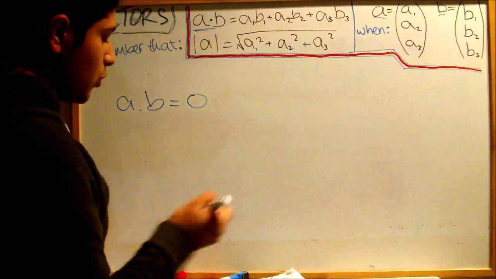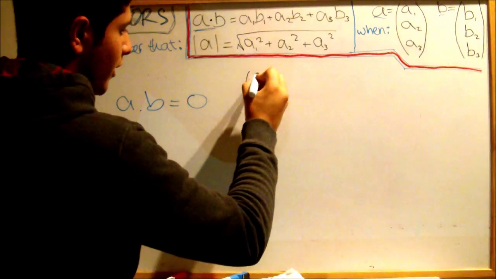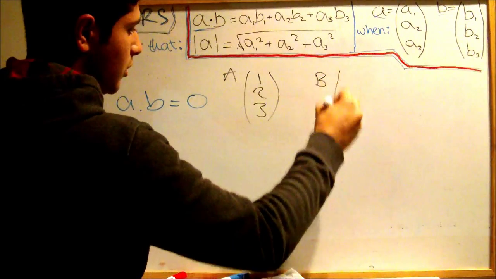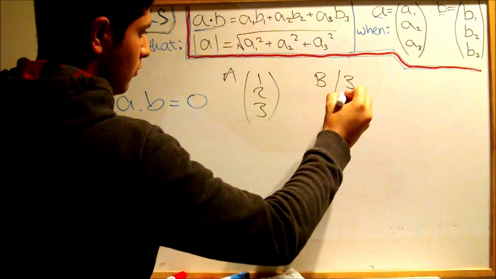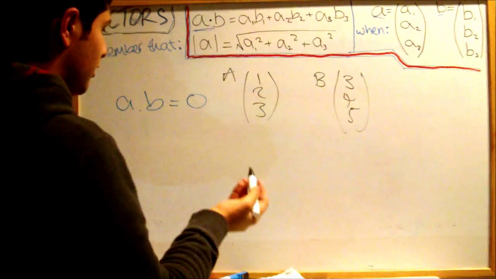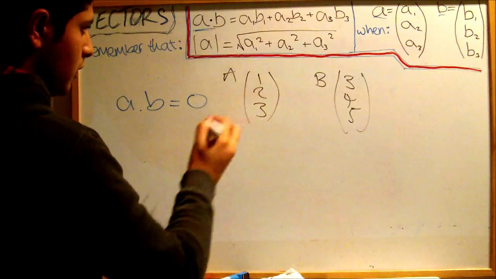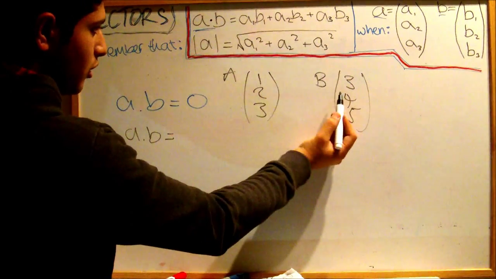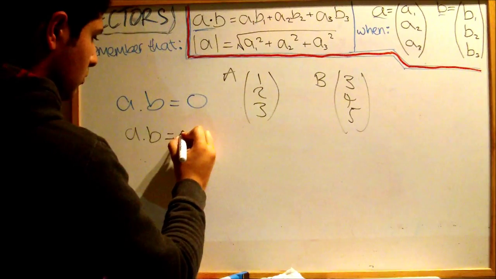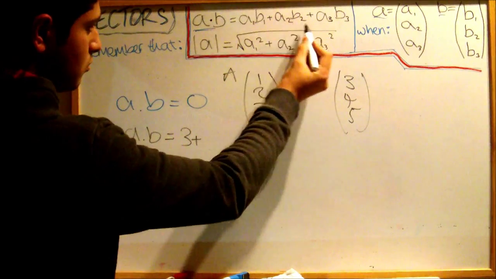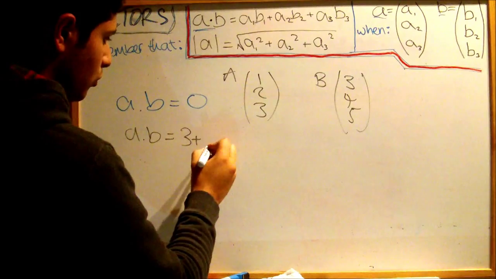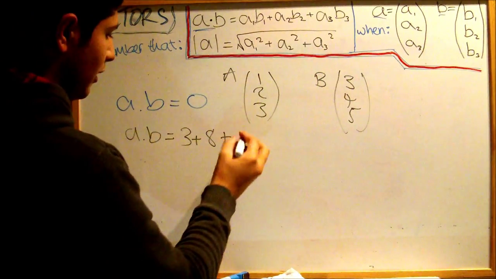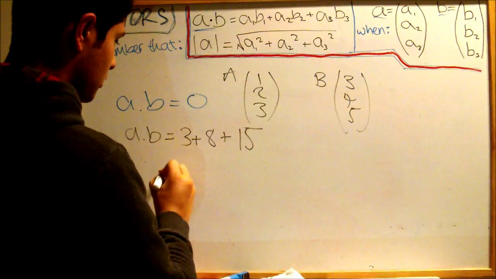I'll just do a really quick example. If we have 1, 2, 3 as our vector A, and our vector B is 3, 4, 5, then the dot product A dot B equals 1 times 3, which is 3, plus 2 times 4, which is 8, plus 3 times 5, which is 15.